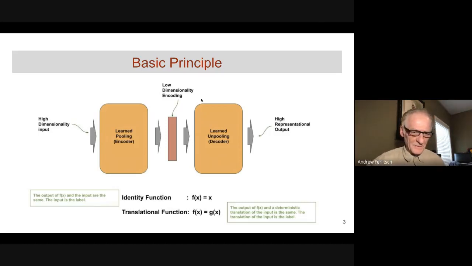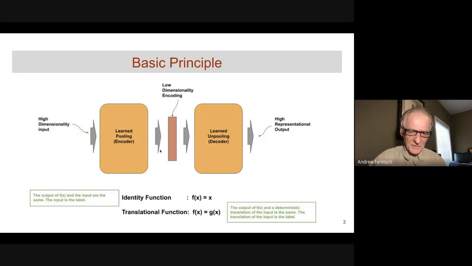So let's start with the basic principle of an autoencoder. Here at the input, we're going to have some high dimensionality input, and for our purpose, just assume that's an image. The encoder part is going to sequentially or progressively reduce the amount of information. Many have seen that chart where it kind of comes down to this.